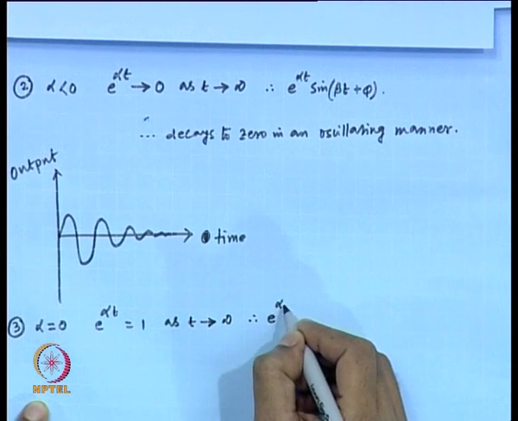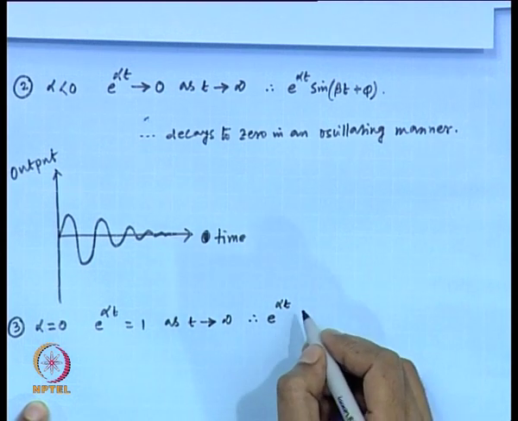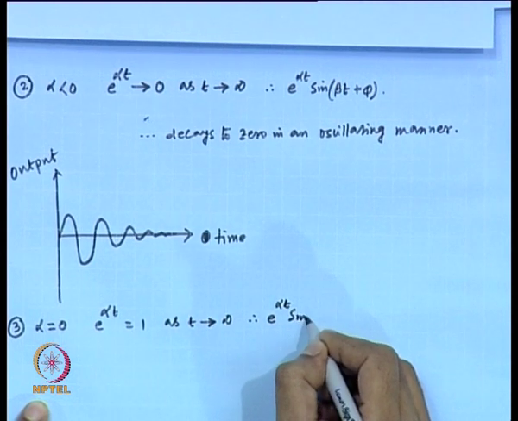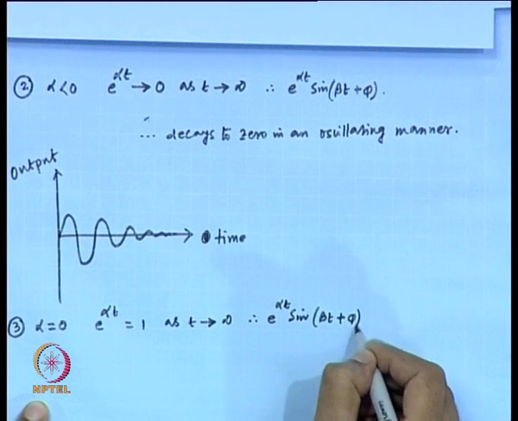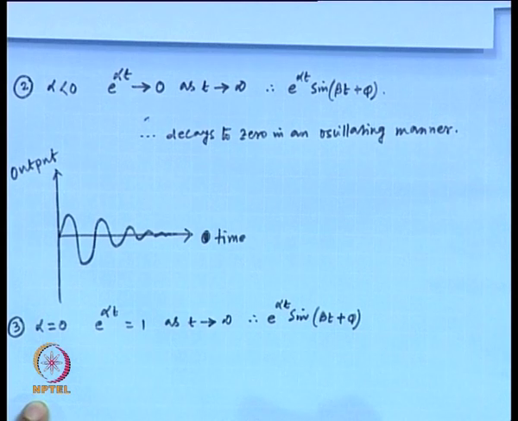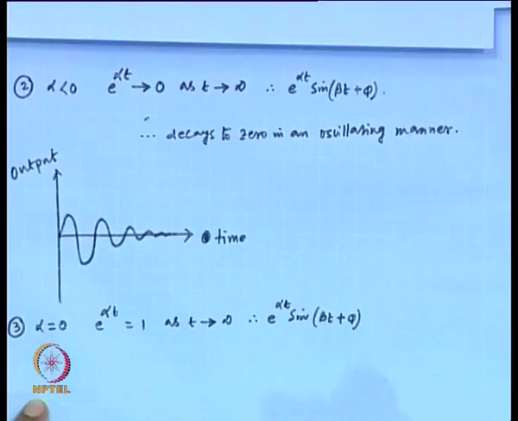So, exponential of alpha t multiplied by sin beta t plus phi, what will be the response? Sinusoidal, I mean in constant amplitude.